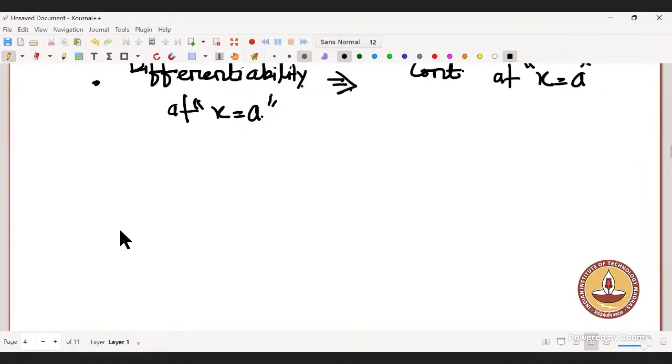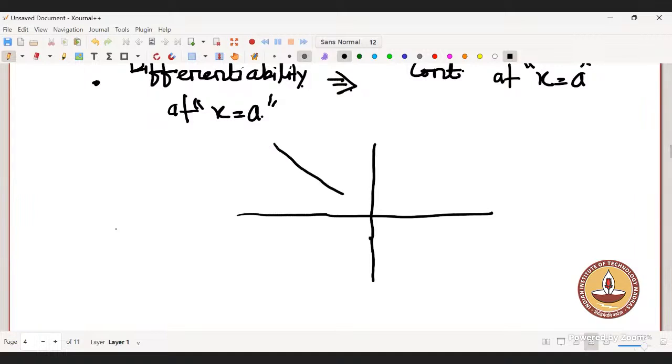If the graph is broken in some sense, then the function is not continuous. Even when the graph is not broken, you can have corner points. Consider the function mod x. Here, at x equal to 0, this is a corner point.